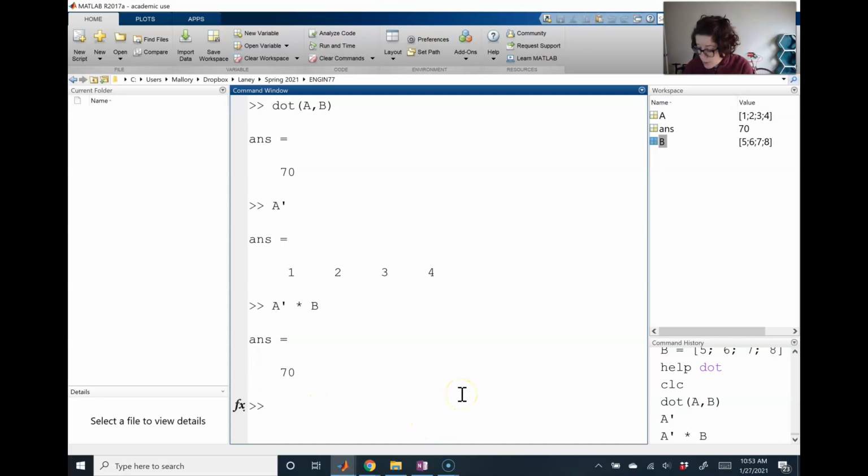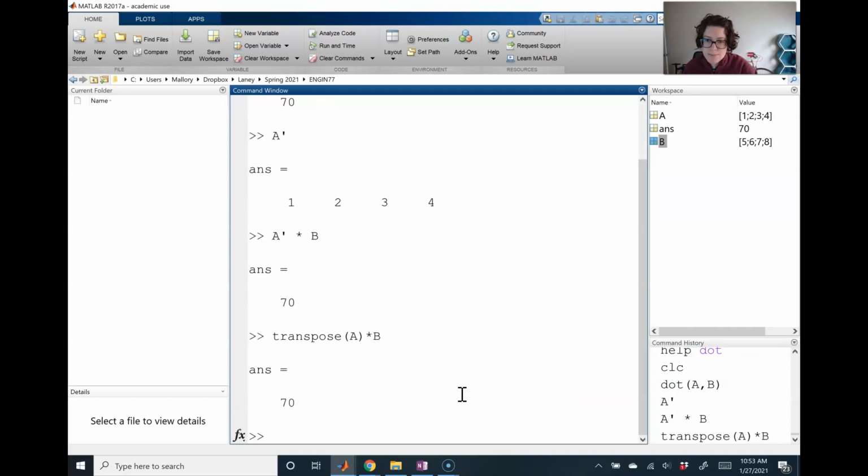We could also put, this is much more to type, the transpose of a times b. So this apostrophe after our variable name is just a shorthand way of taking the transpose, but you can also type out the whole word transpose, which is a built-in function in MATLAB.